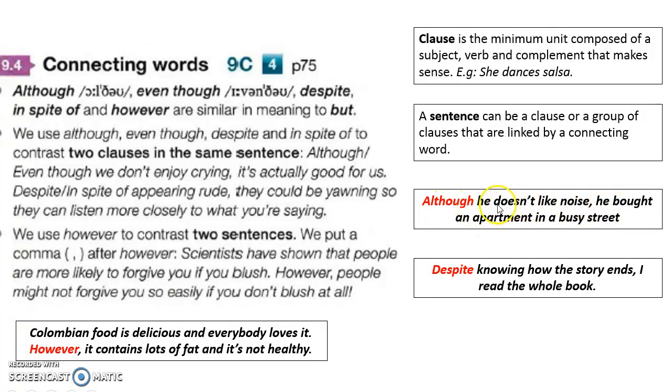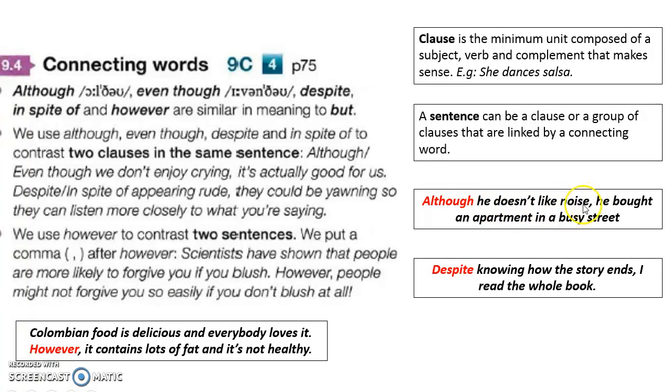All right, so let's take a look right here with although, right? Although is to express contrast, right? Also in this case, although he doesn't like noise, so we have a person here who doesn't like noise, doesn't enjoy it, right?